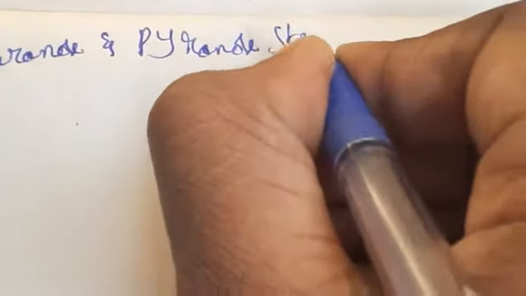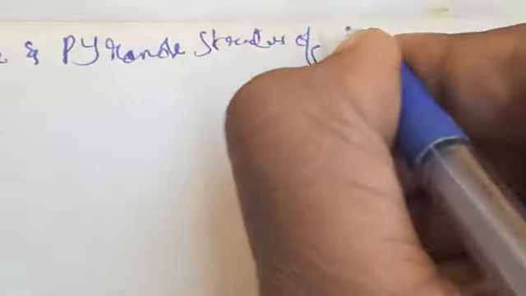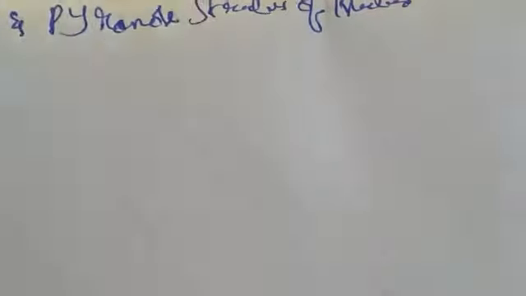Pyranose and furanose structures of fructose. We have already written furanose and pyranose structures in glucose. In the same way here also we are going to write furanose and pyranose structures.